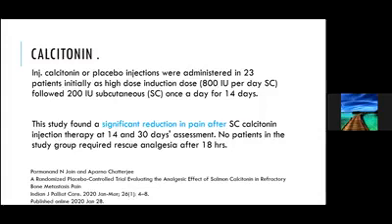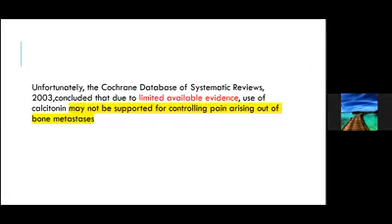They found a significant reduction in pain after subcutaneous calcitonin injection. It also showed that no patient in the study group required rescue analgesia after 18 hours of administration of the calcitonin. So this study was published in 2020.